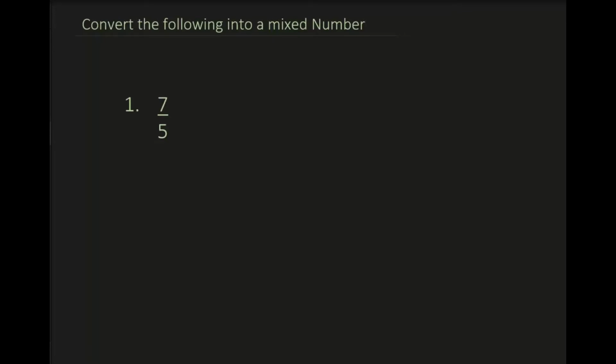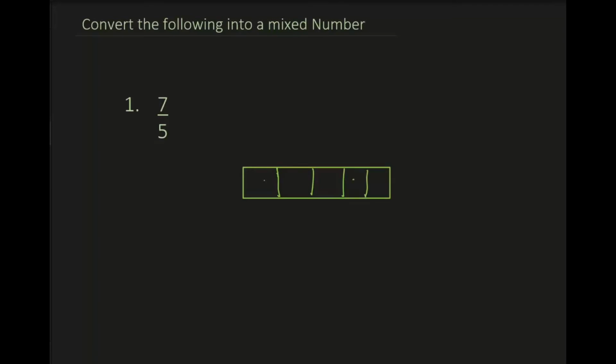For the first way, we're going to need a box or a rectangle or an array, whatever you want to call it. So let's go ahead and draw an array. And now we are going to divide this into 5 equal parts. We have 1, 2, 3, 4, and 5.